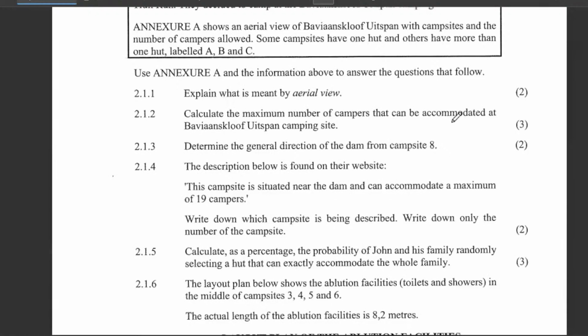Now the question. Explain what is meant by an aerial view. An aerial view is an image seen from above, or some people call it the bird's eye perspective.